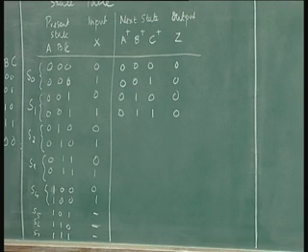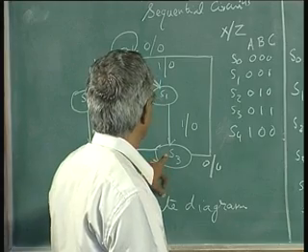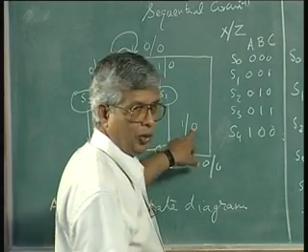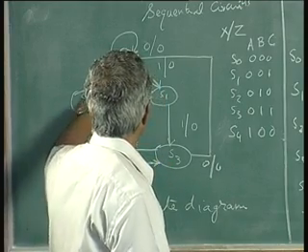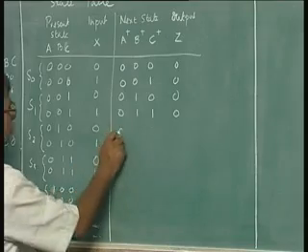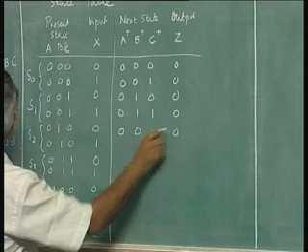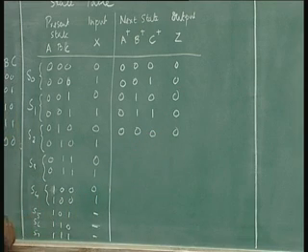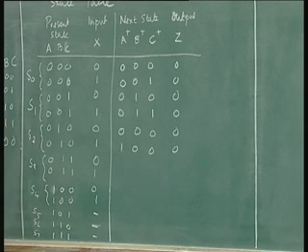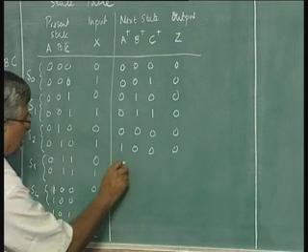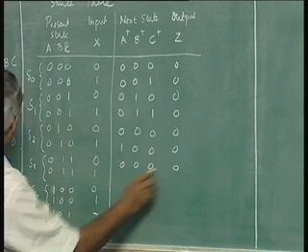That is, when the circuit is in S1 and the input is 1, it goes to S3 which is 0 1, and the output is 0. Then from S2 it is 0 0 0, output 0, or 1 0 0 with an output of 0. Then from S3, if it is a 0, it goes back to reset state S0.